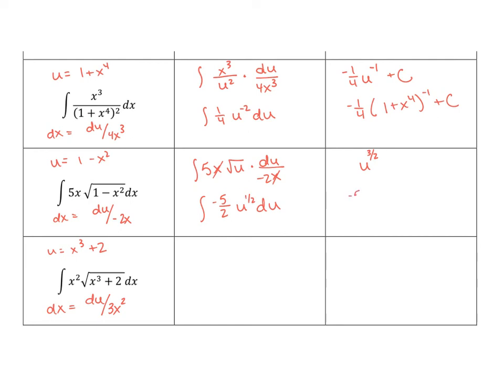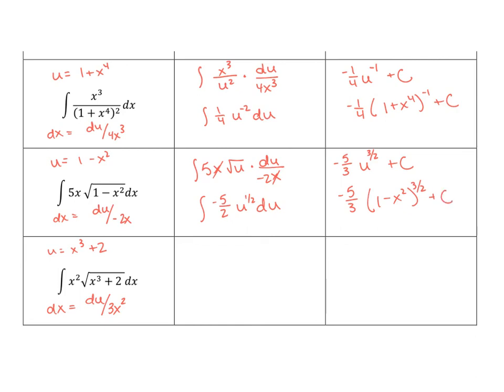So that means I need to take my coefficient and divide. So I'm going to have a negative 5/3 for my coefficient. Plus c. So negative 5/3 times 1 minus x squared to the 3/2 plus c.